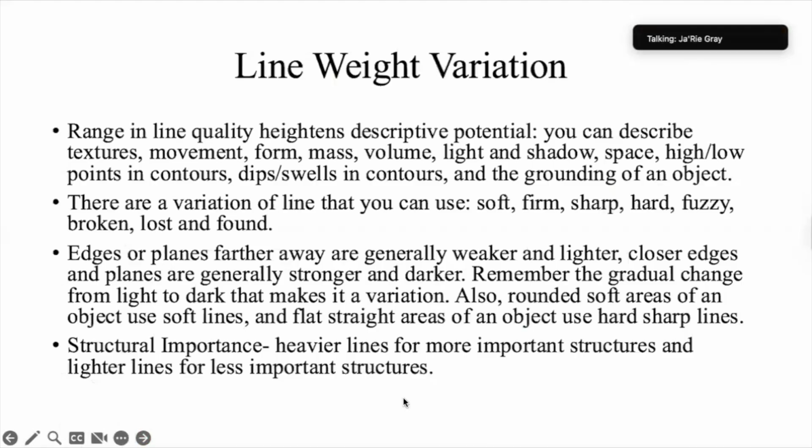So we did touch on line weight variation last week, so once again, we do want to make sure we're staying on top of practicing that when we are drawing line. You want to make sure you're focusing on soft, form, sharp, hard, fuzzy, broken, or lost lines. All of those things are so important because these lines describe something.